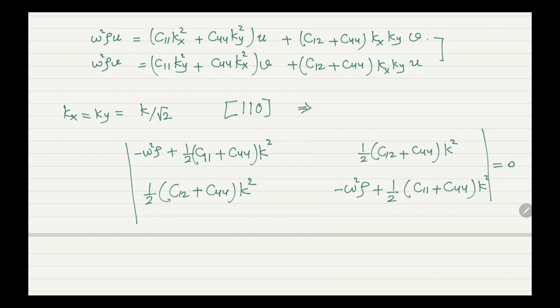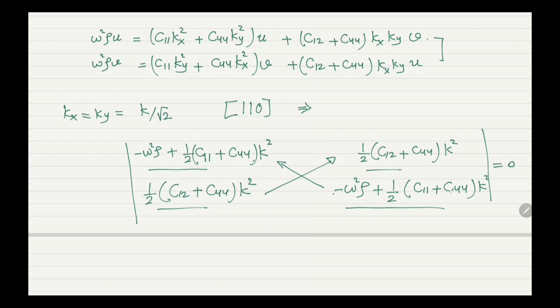Now to solve this one here, by just quickly looking at this equation, you will see that this factor is exactly the same as this one here, and this one is exactly the same as this one here. So the solution for this 2 by 2 determinant is when we multiply this by this and minus this by this equal to 0. So this with this is actually equal to this with this.